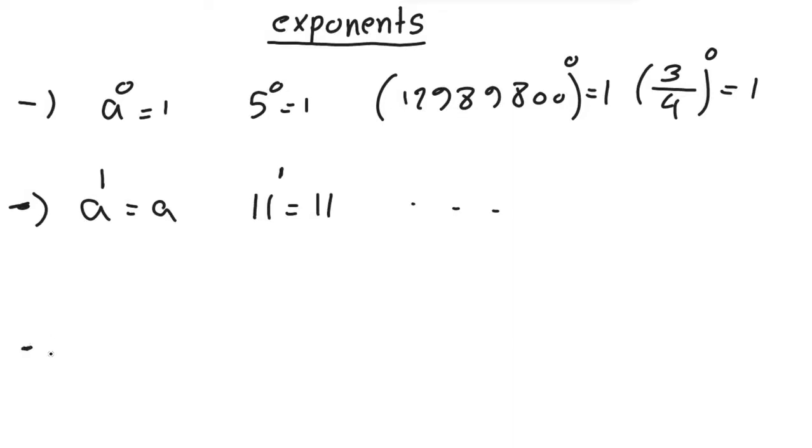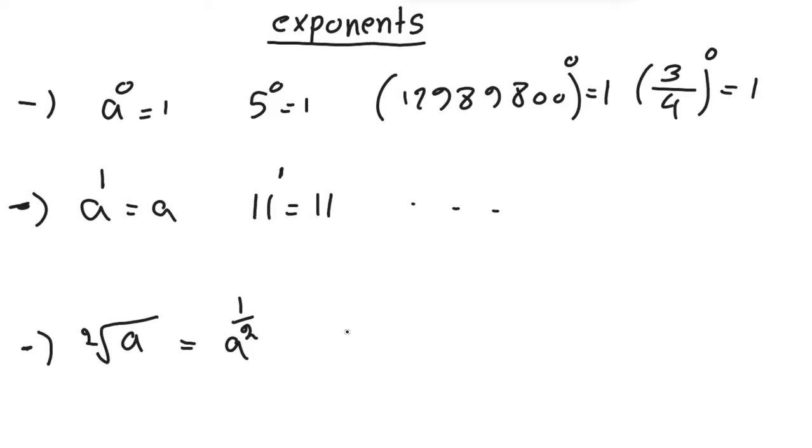And there's another important one from roots, the square root. If you have the square root of a, you can write this as an exponent: a to the power of 1 over 2. It means when your number has a power as a fraction, it's a square root.